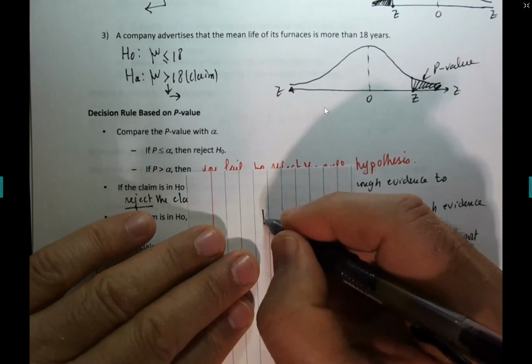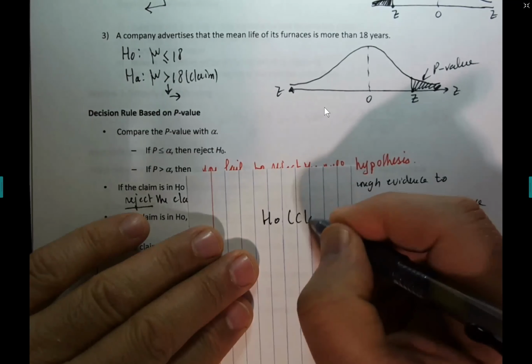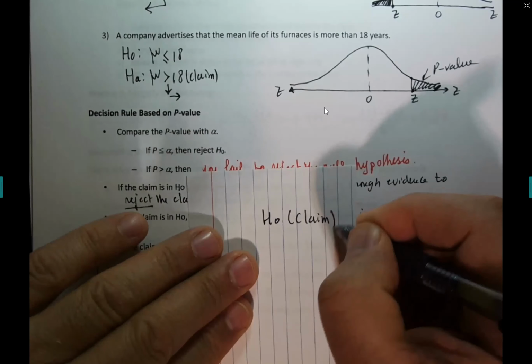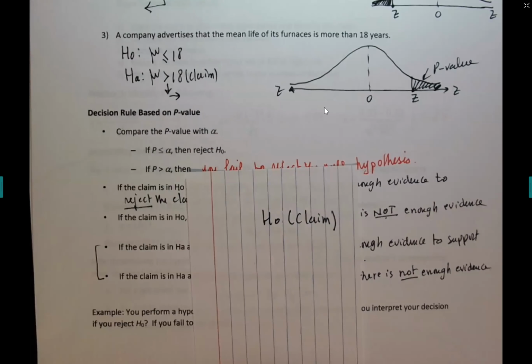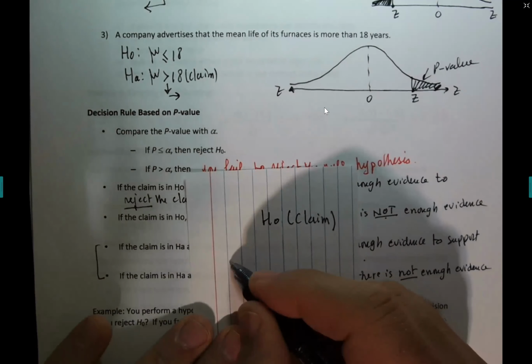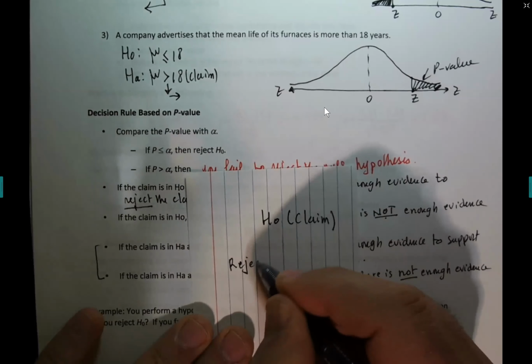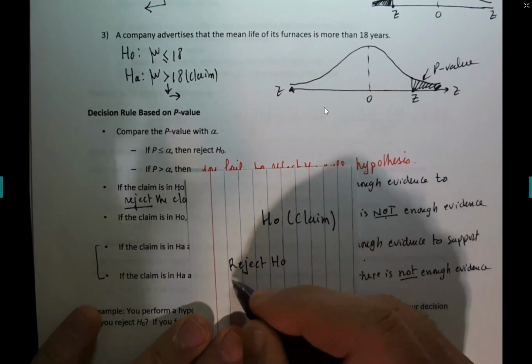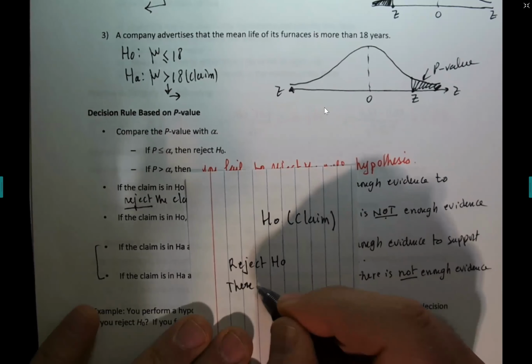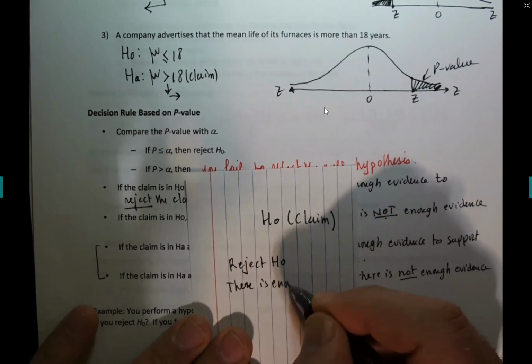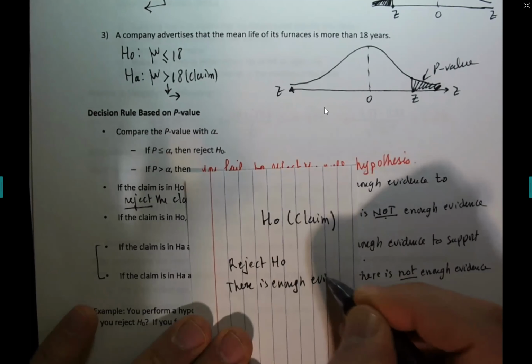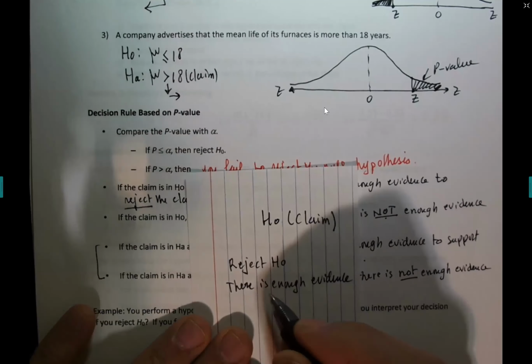If your claim is in H0, you write one of 2 statements. If you reject H0 in step number 4, you write there is enough evidence to reject the claim. Can't write both at the same time. It's only one. You have to select one.